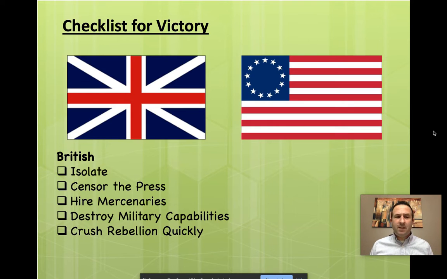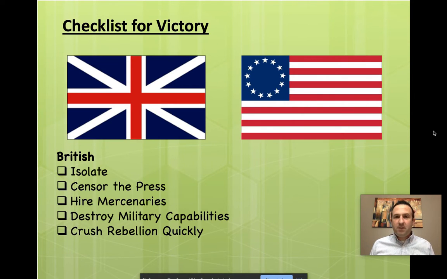Number two, the British need to censor the press in any city they control. Why? For a government trying to prevent a rebellion or put down unrest, one of the most important tools is to censor the free press. It's one of the reasons why the free press is a First Amendment right in the United States.